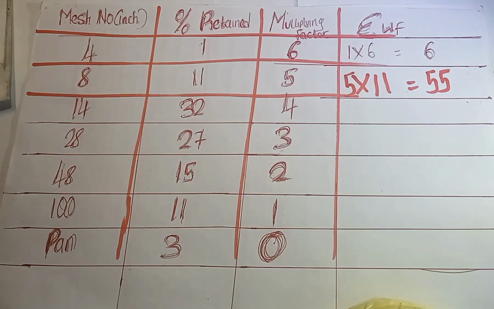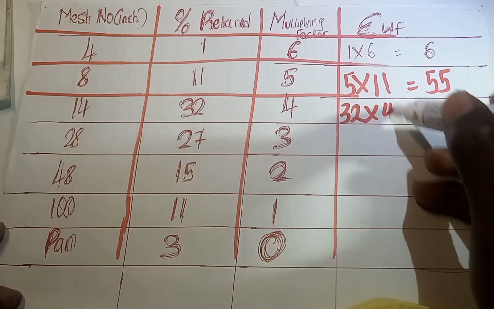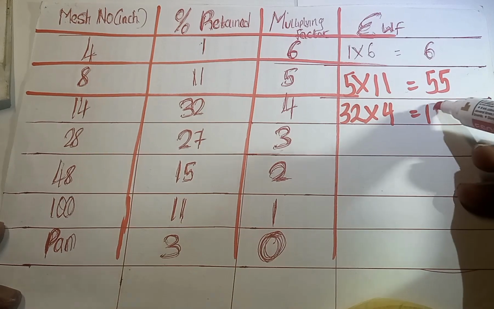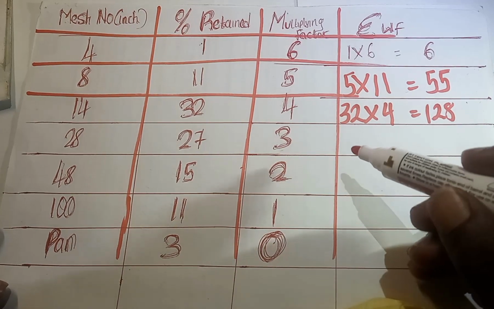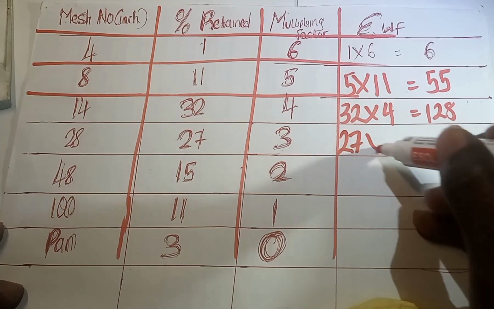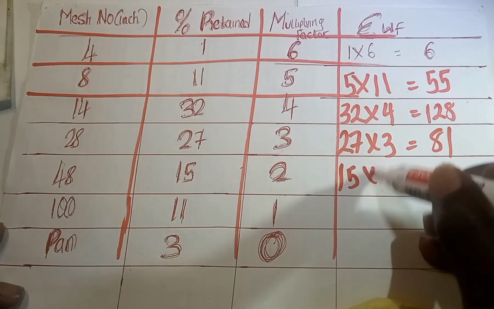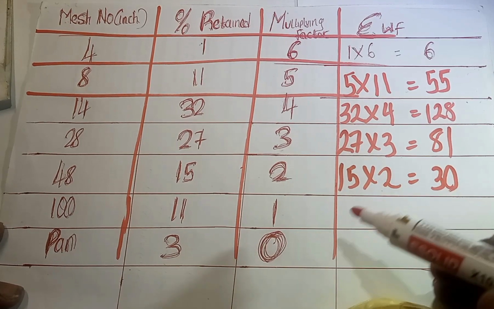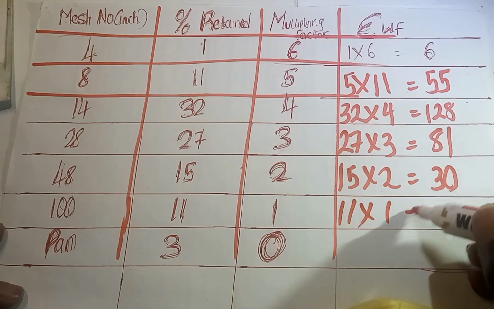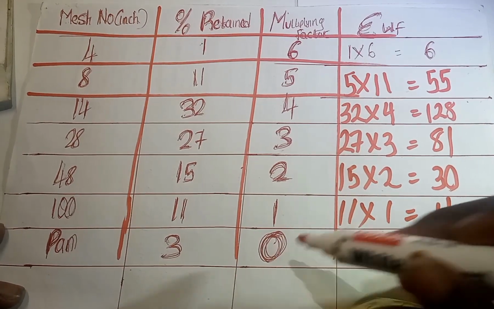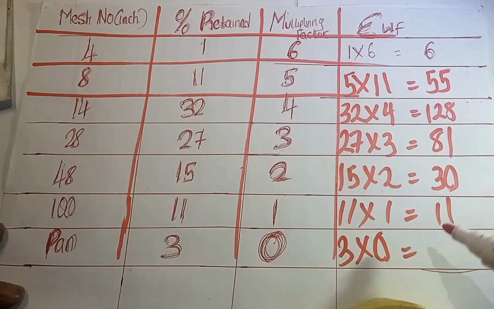Then 32 multiplied by 4 will give me 128. Also 27 multiplied by 3, put in your calculator, that will give me 81. 15 multiplied by 2 will give me 30. And 11 multiplied by 1 will give me 11. And 3 multiplied by 0, which is the multiplying factor of the pan, I've already told you, will give me 0.